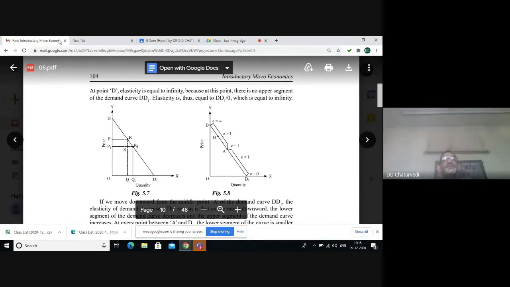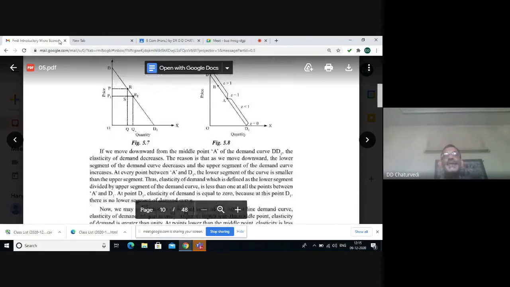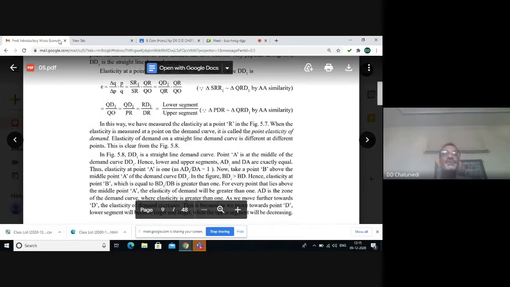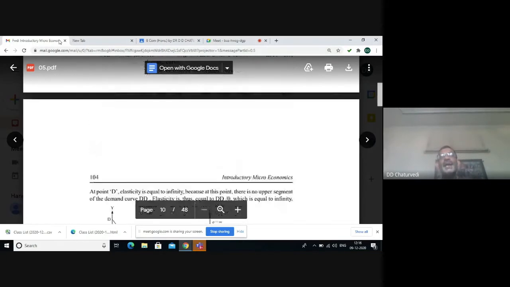So QD1 upon PR will also be equal to QR divided by PD, and this will also be equal to RD1 divided by RD. And this is precisely the result that we have written here. QD1 upon QO is equal to QD1 upon PR, which is equal to RD1 divided by DR. RD1 is the lower segment and DR is the upper segment.